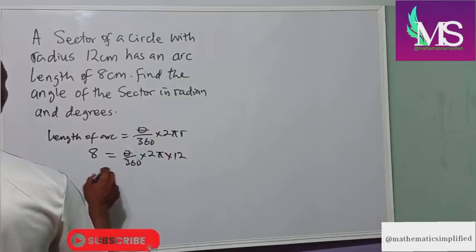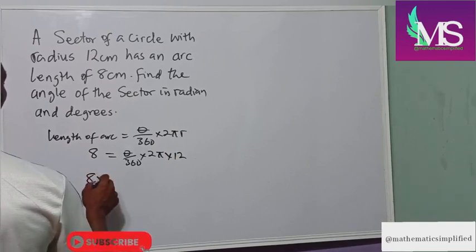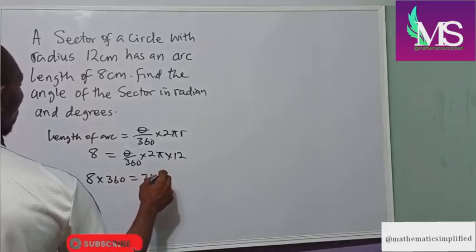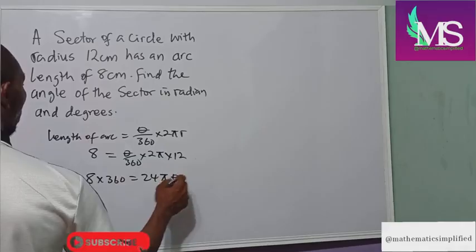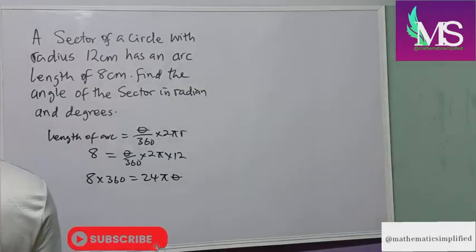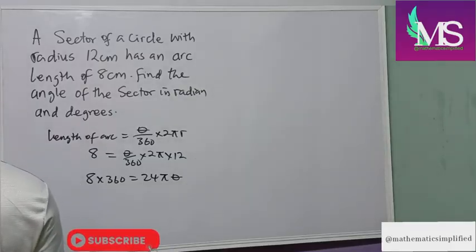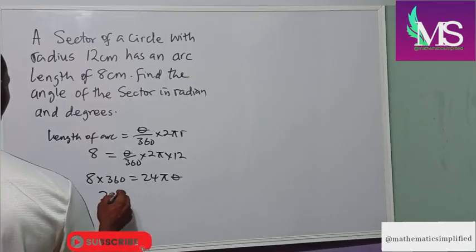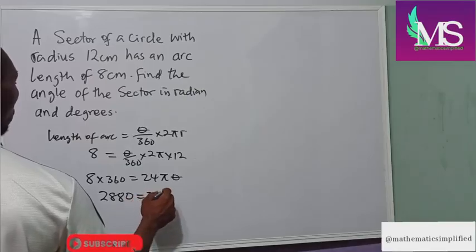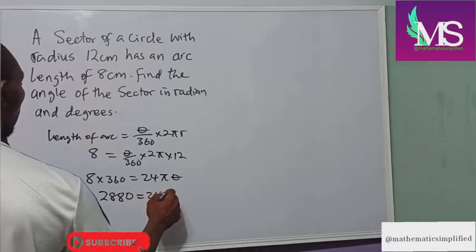So this becomes 8 times 360 equals 24 pi theta. 8 times 360 would give us 2880 equals 24 pi theta.